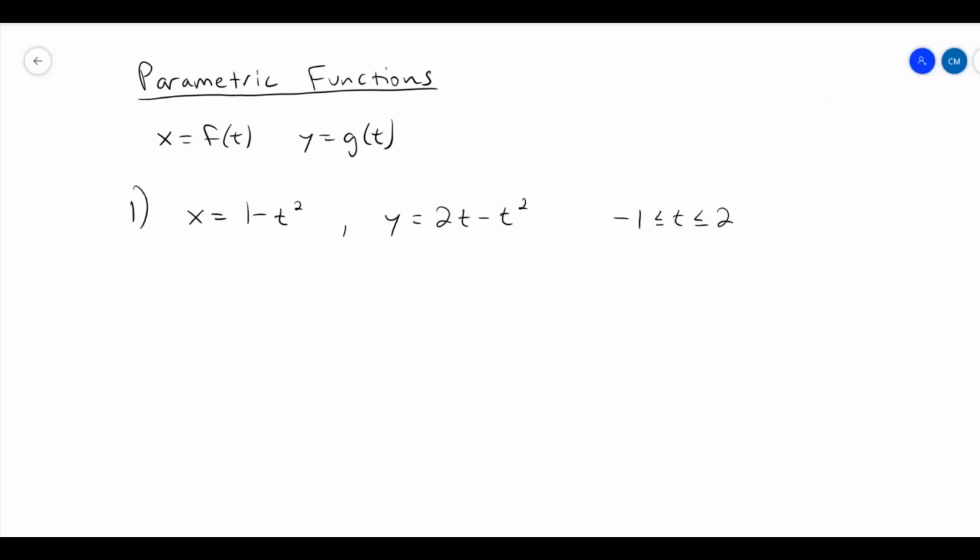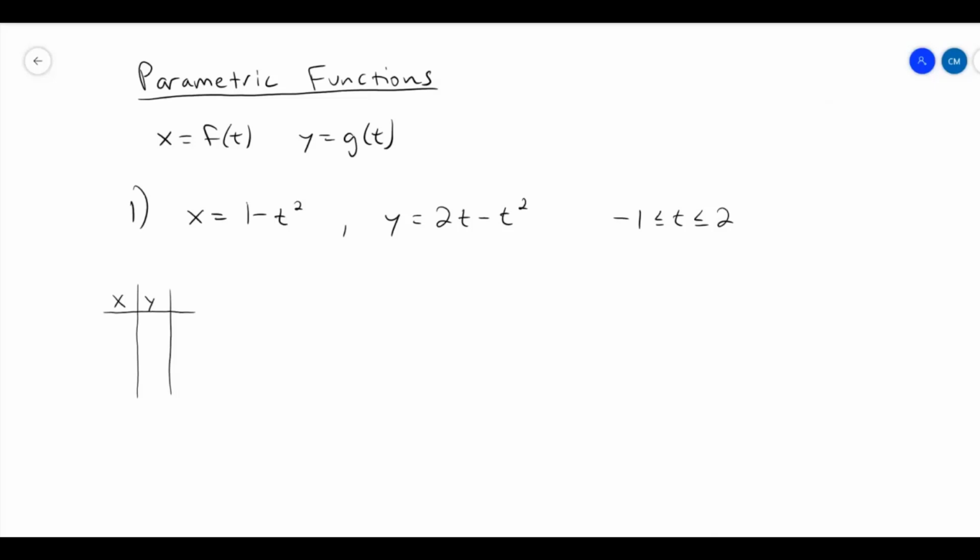Thinking back to your first couple of algebra classes, what did you do when you had no idea what the graph of a function was going to look like, but you wanted to find out? You didn't have a graphing calculator. You wanted to graph it by hand. What you normally would do is make a table of values and plot them. And then you can follow along and connect all the dots, and you can see what the curve looks like.